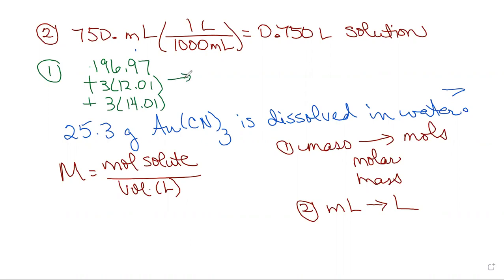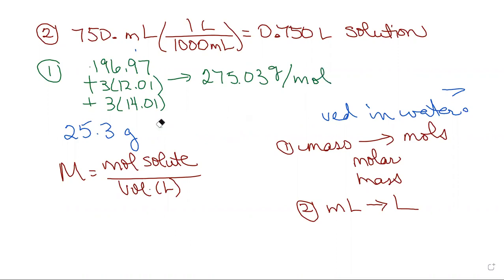So what we get for our molar mass, 196.97 plus 36.03 plus 42.03. So we get something like 275.03 grams per mole. So now we can convert our mass to moles.